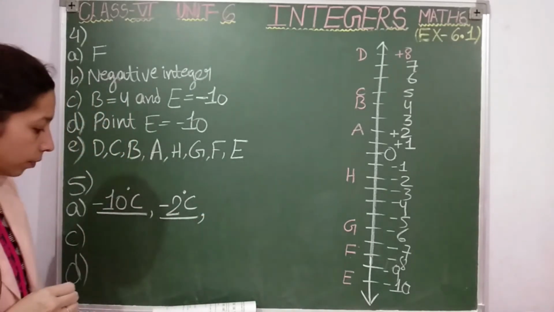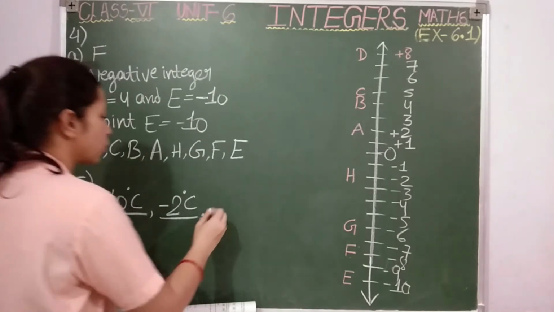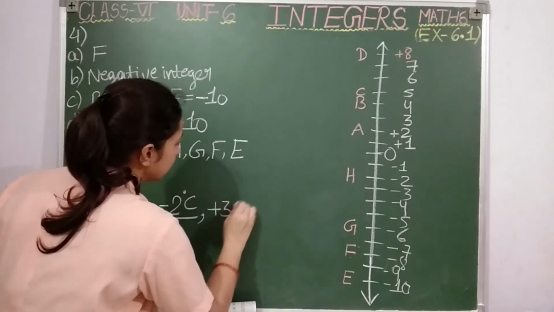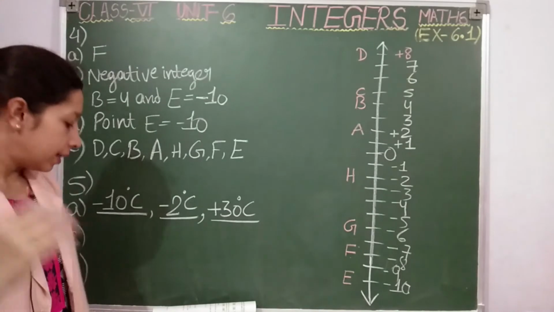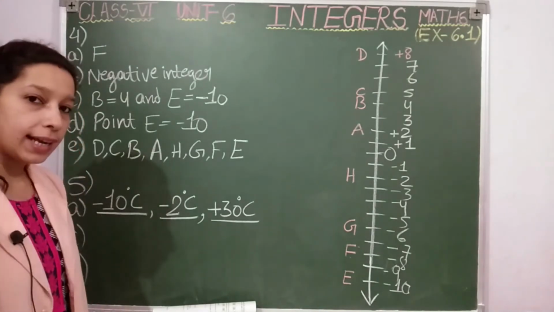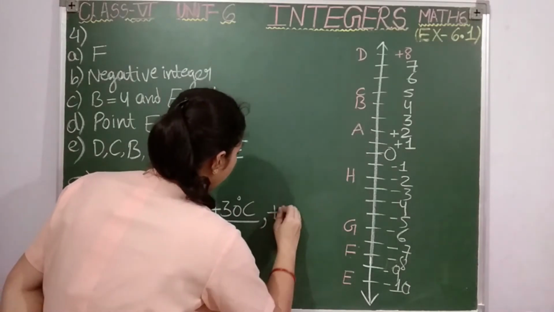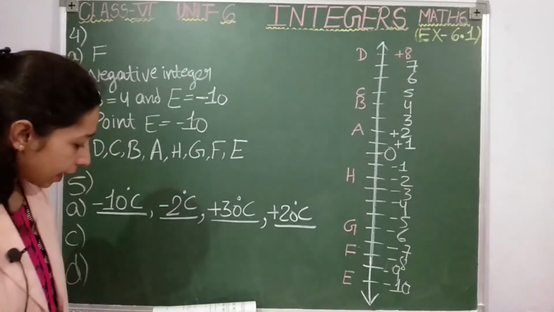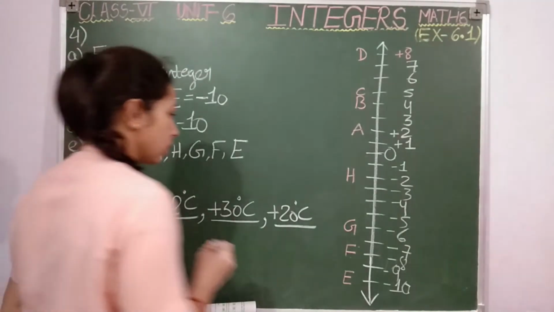Clear? Then for Ahmedabad 30 degree Celsius above 0 degree Celsius, students. So we'll write plus 30 degree Celsius. Why we have written plus 30 degree Celsius? Because it is above. Then Delhi has 20 degree Celsius above 0 degree Celsius. So for Delhi I'll write plus 20 degree Celsius. At last, Srinagar 5 degree Celsius below 0 degree Celsius.